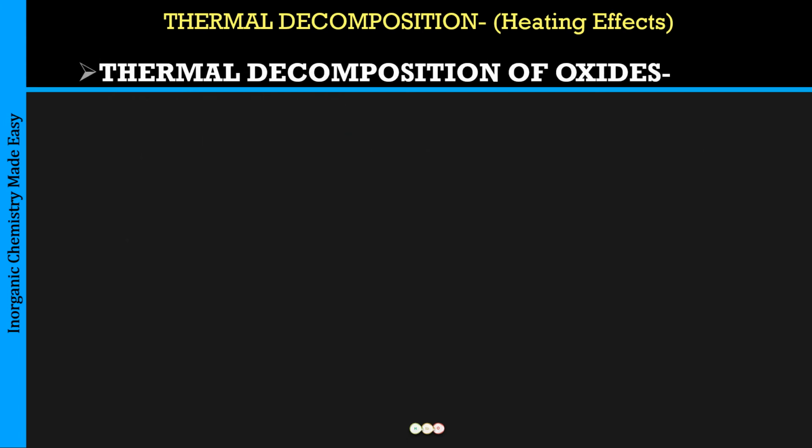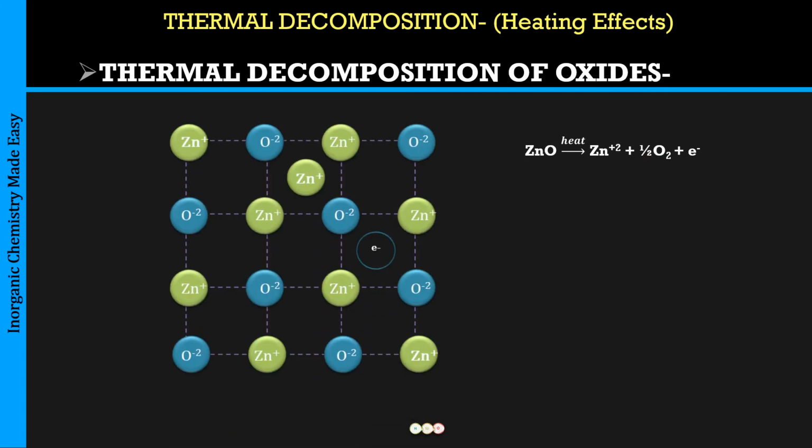Now in the case of zinc oxide, when we heat it, a little amount of oxygen is going to be lost to the atmosphere. Not the whole of it, just a little bit. And when this little bit of oxygen is removed, there is going to be an excess of zinc ions. So if you look over here, this was the original crystal lattice, from which we have a loss of oxygen.